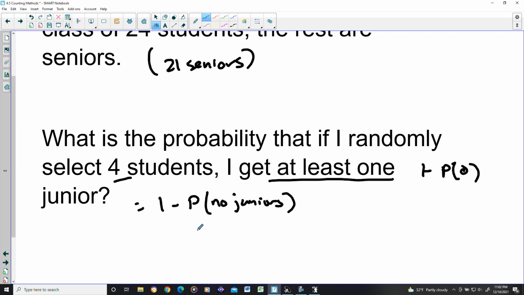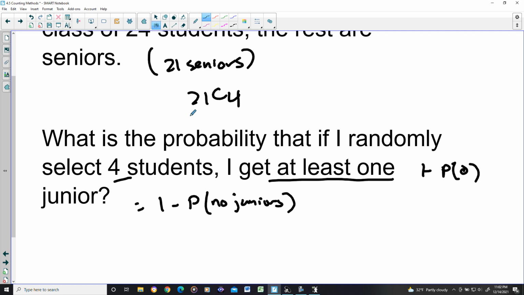So 21 seniors would be 21 choose 4. Now, in this particular case, it's out of what group? It's out of all of them, right? So the group of all of them is the 24 students.